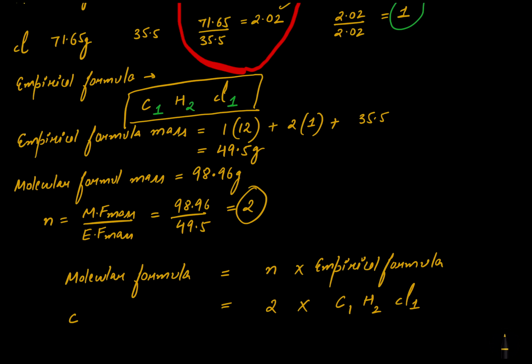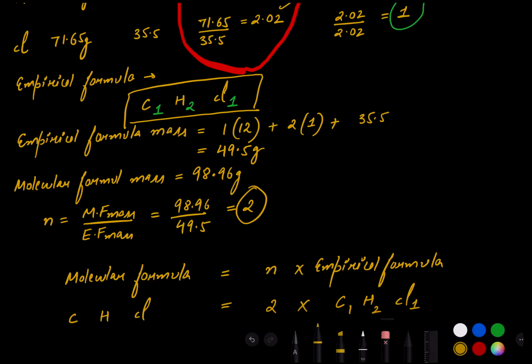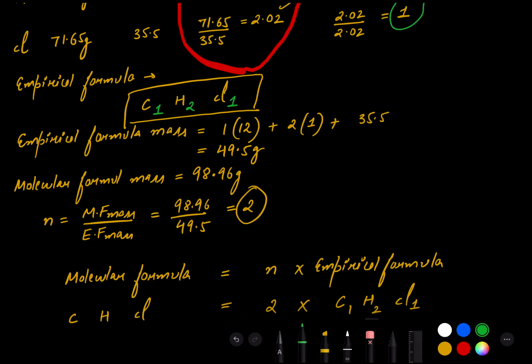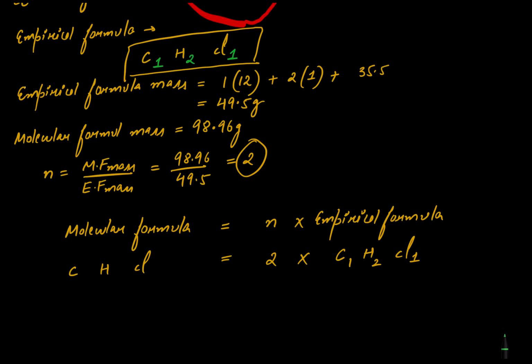I am writing again C, H and Cl. Now 2 ones are 2, so C is 2. Now 2 and 2 of hydrogen, 2 2s are 4, means hydrogen is 4.